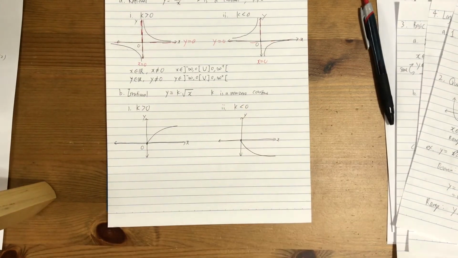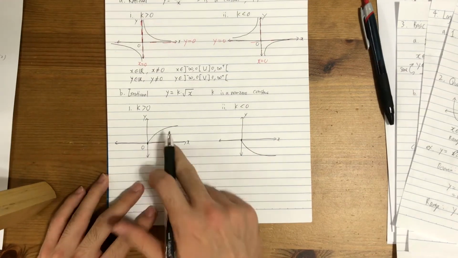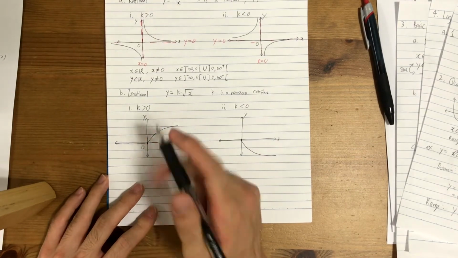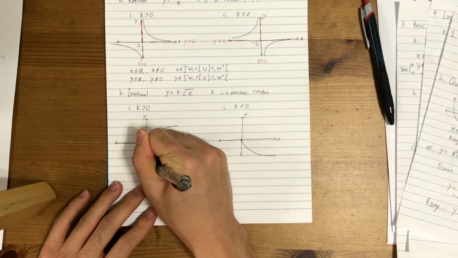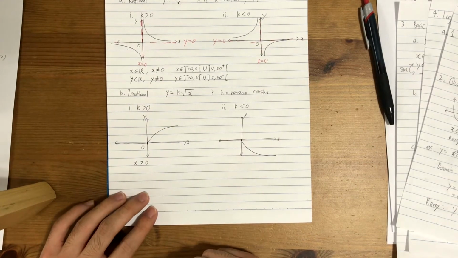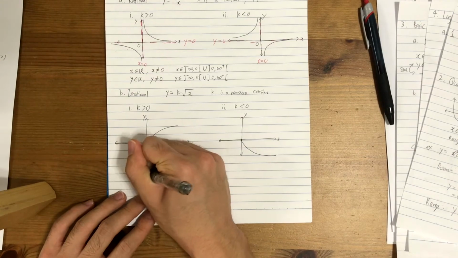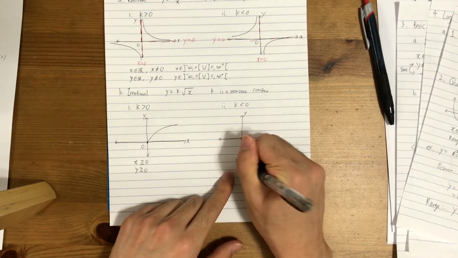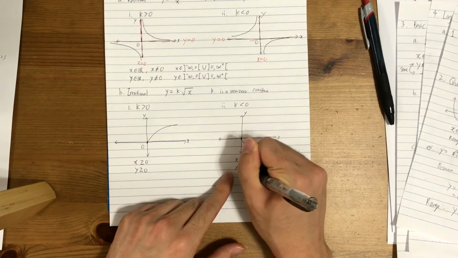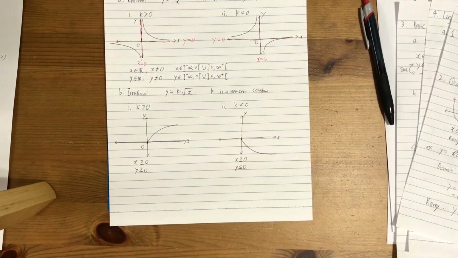Then what can we say about the domain and range? So for this one, x is greater or equal to 0 for domain, and y is also greater or equal to 0. But for this one, x is greater or equal to 0, but y is less or equal to 0.